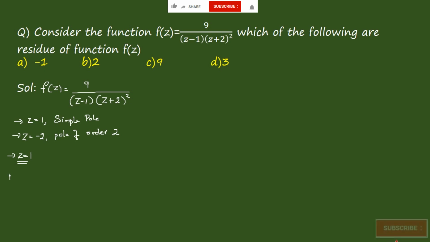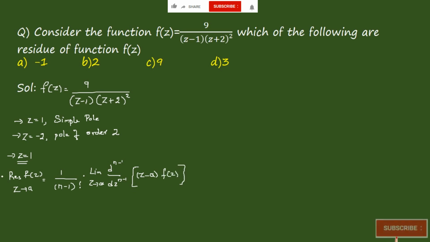We know the general formula of the residue of f of z at z tends to a. The formula is given as 1 by n minus 1 factorial into limit z tends to a d by dz n minus 1 times into z minus a f of z, the general formula to find the residue. Now we consider z is equal to 1.